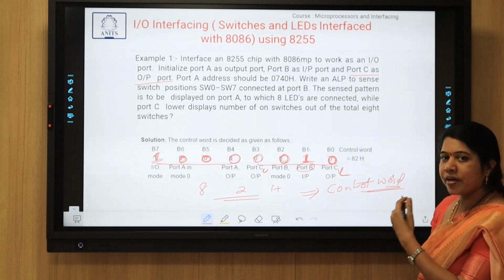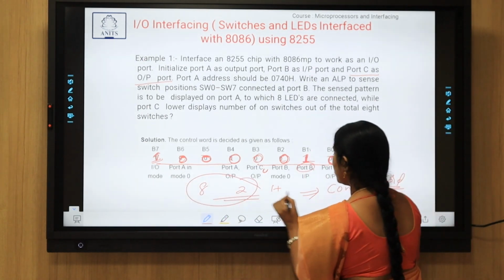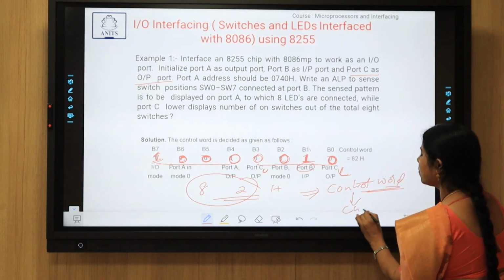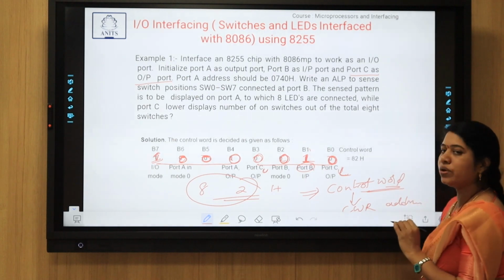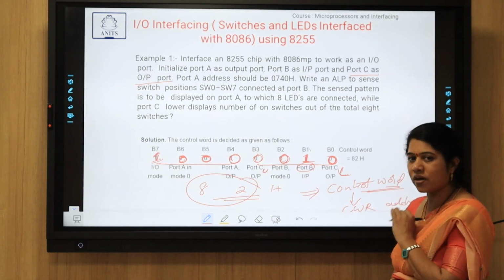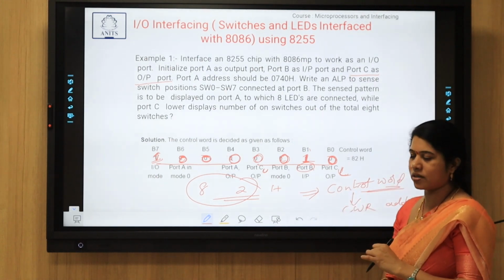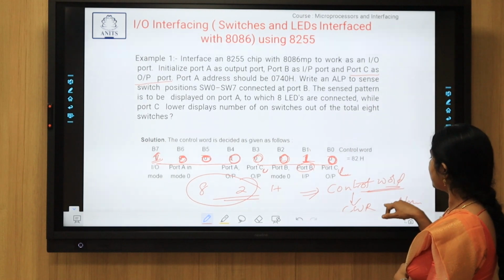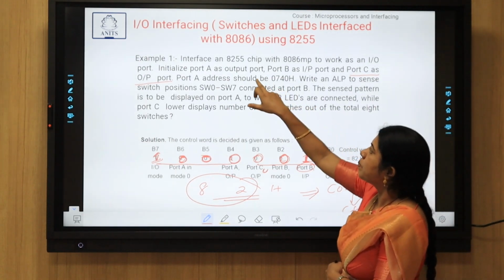Whenever we load this control word into the control word register address, it will be operated accordingly. So now we have to initialize the control word register. We have to find out the control word register address, then send this control word into the control word register. So how will this control word register address be obtained? Based on the port A address.